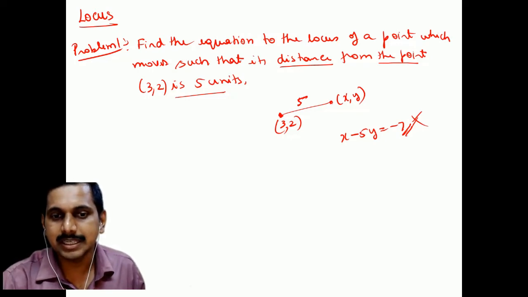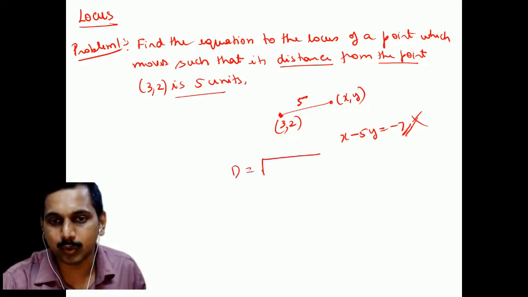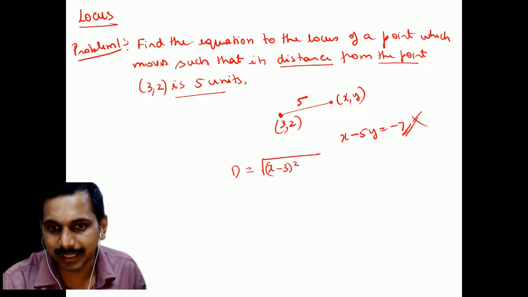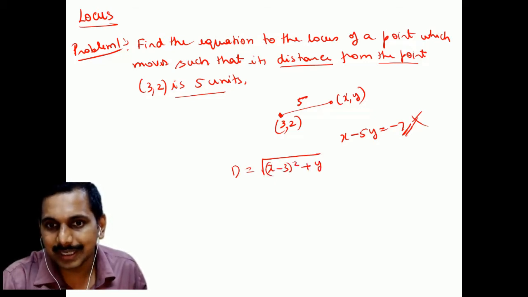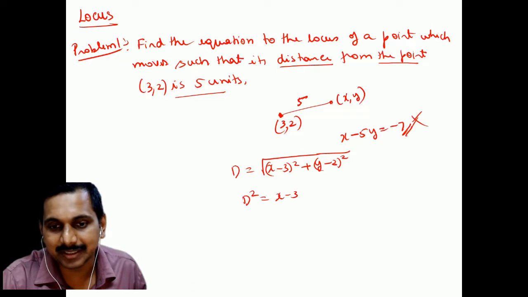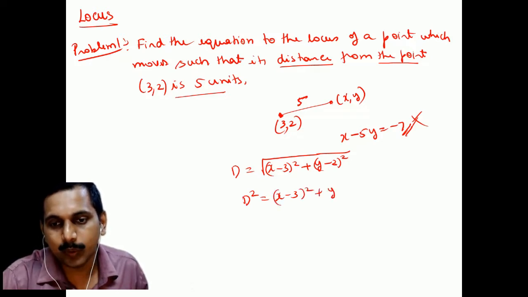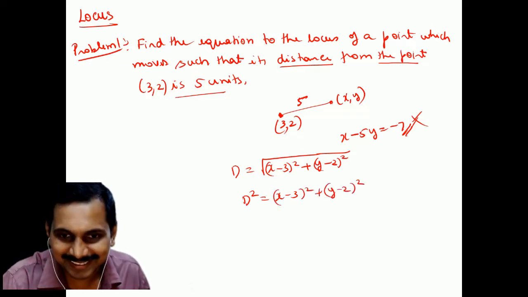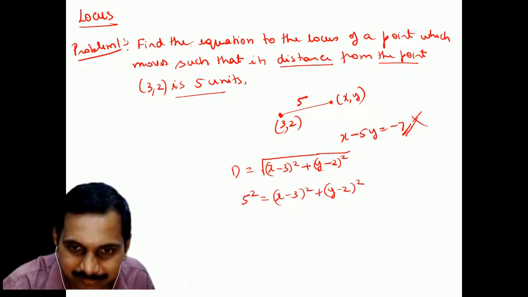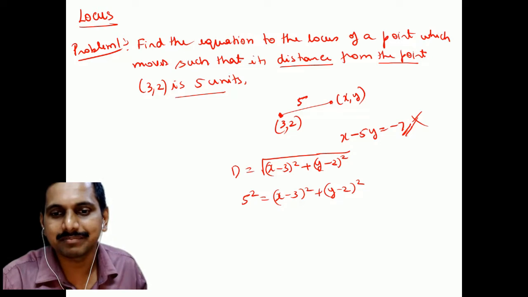Distance is equal to the square root of (x minus 3) the whole square plus (y minus 2) the whole square. So d squared is equal to (x minus 3) squared plus (y minus 2) squared. What is d? It is 5. That's it, simple. You're getting the equation here.